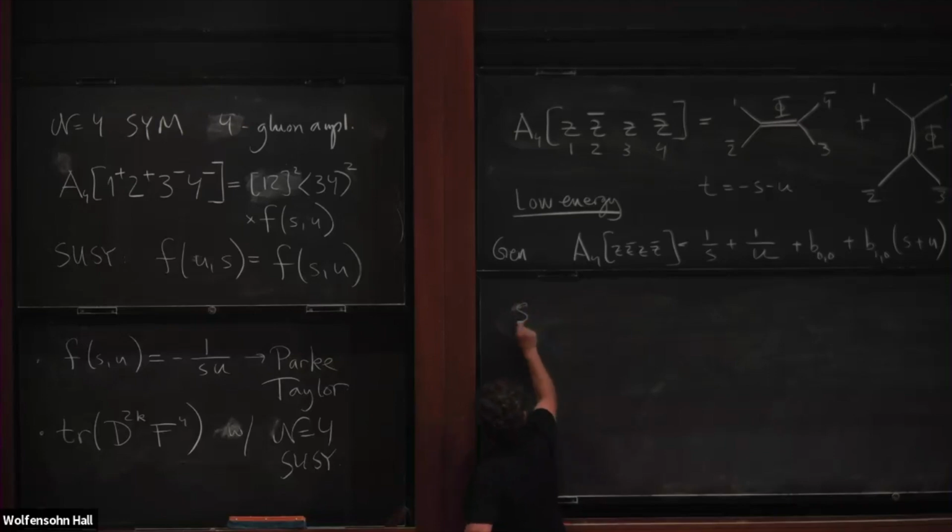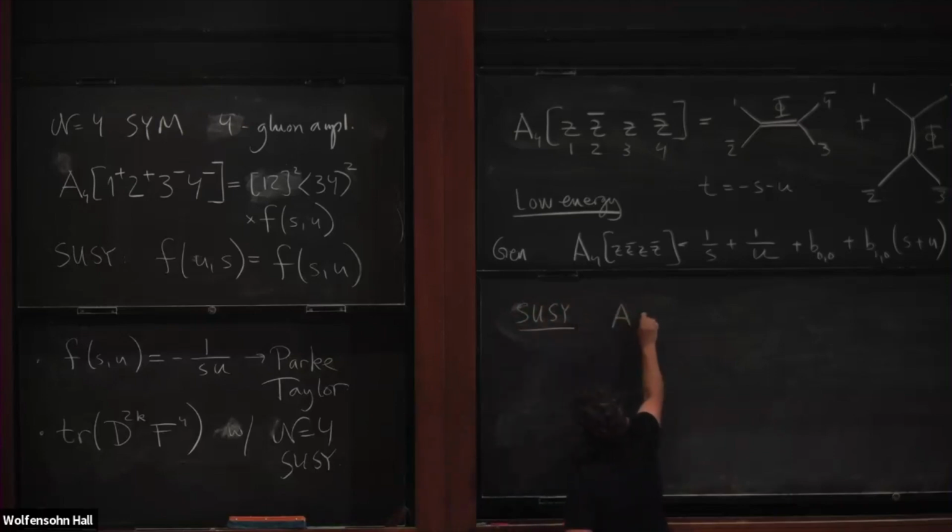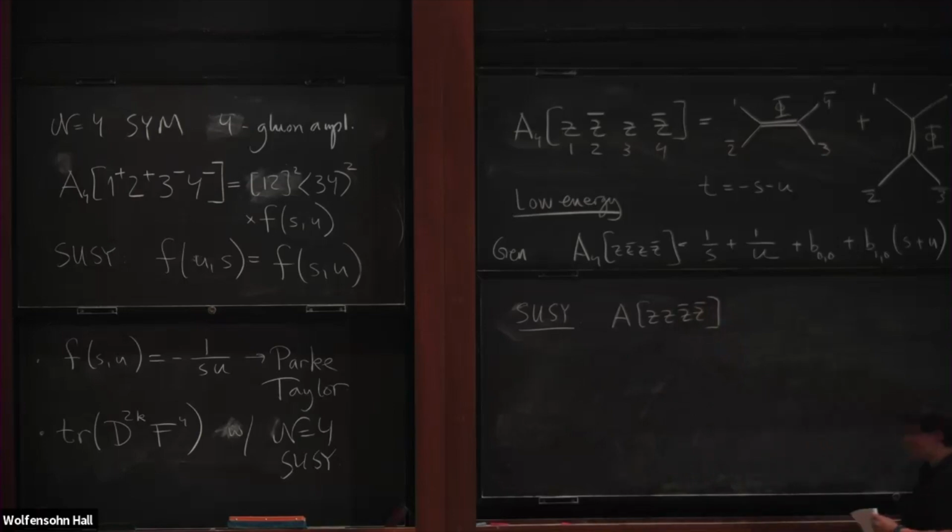Long story short, I get a 4-point amplitude that I will write down explicitly here, Z C C-bar C-bar. It takes the form where supersymmetry replaces all this polarization, spinor helicity stuff with simply the Mandelstam variable S squared. That sits there, and it still multiplies this nice function, which has to be symmetric in S and U by supersymmetry.